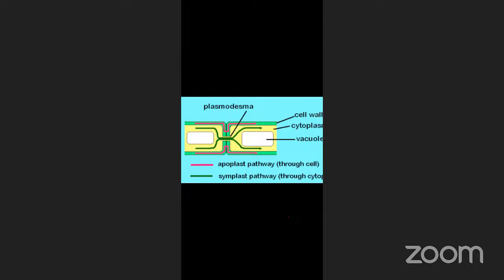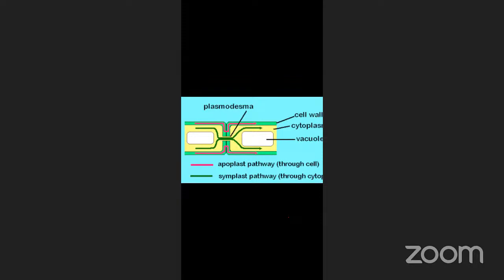Just remember, in apoplastic movement, water movement occurs exclusively through the intercellular spaces and the walls of the cells. Intercellular space means the gap between cells. Through intercellular spaces and cell walls, water moves.